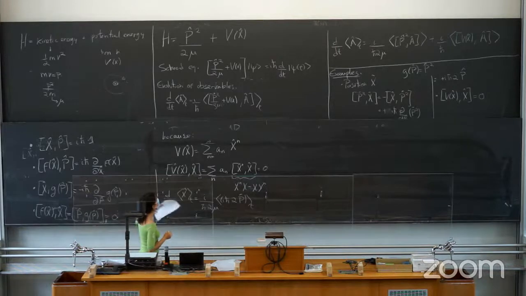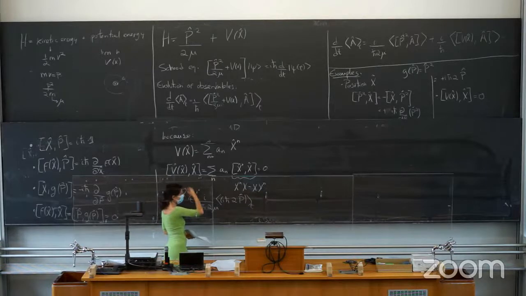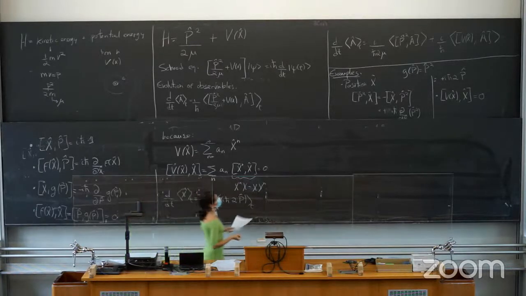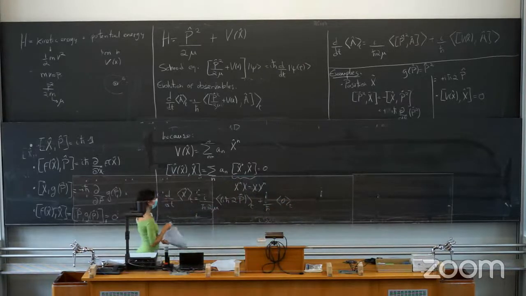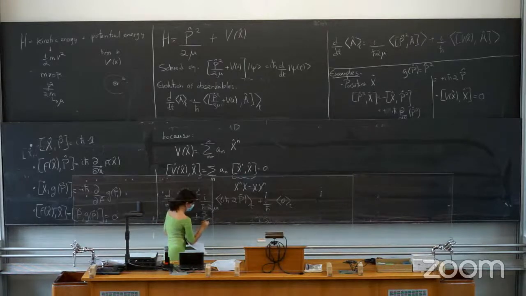It could also be missing in the evolution of observables equation. Might be that the i is below and then we get an extra minus sign. So I'll put here somewhere a minus sign that we don't know where it's coming from. That's life. Plus i over ħ times 0. And now a bunch of things will cancel each other out, so we get just the average of p over mu over time.